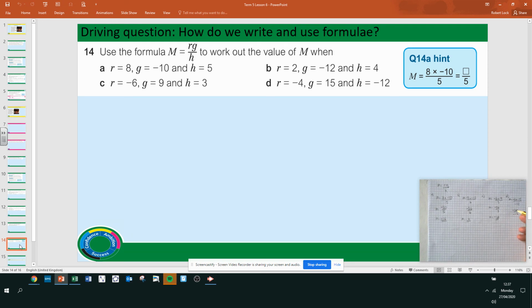A negative divided by a negative is a positive. So M equals, how many 12s in 60? 12, 24, 36, 48, 60, so 5. So M equals 5. The answer is 5.